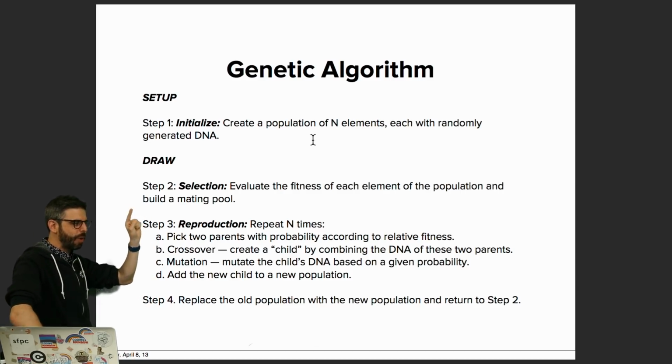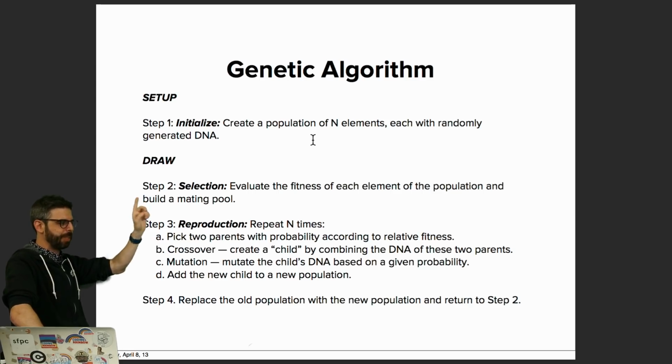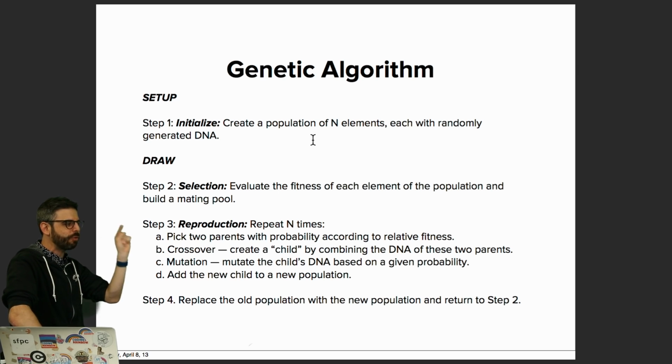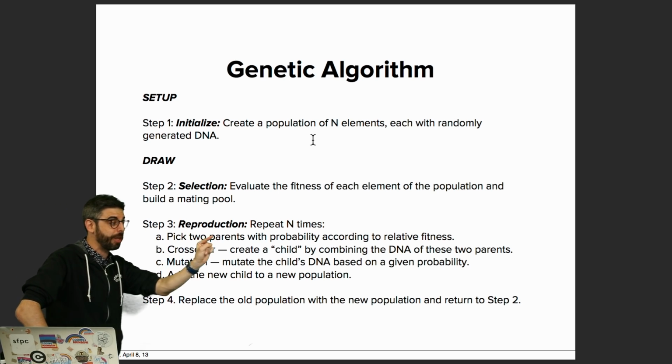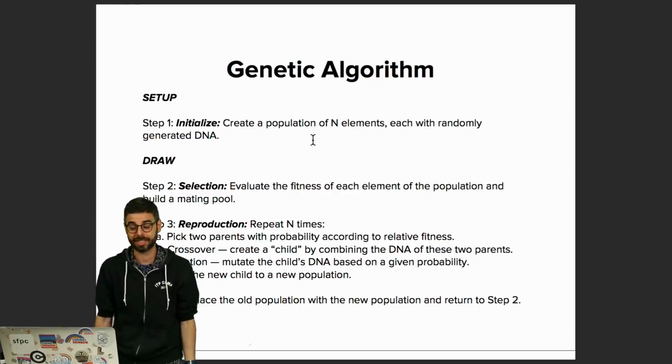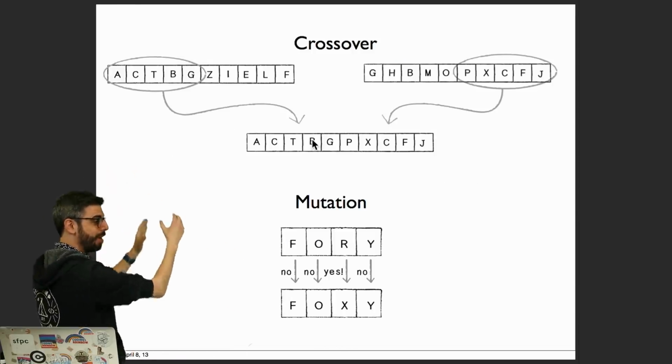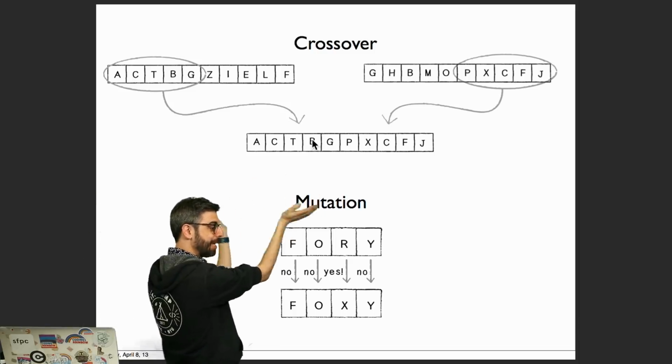I have evaluated the fitness of each element of the population, but if you look at the next step, I need to make the new population. I need to n times pick 2 parents with a probability according to relative fitness. This is so that I can apply this idea of crossover: take half of the DNA of one and half of the DNA of the other and mix them together.